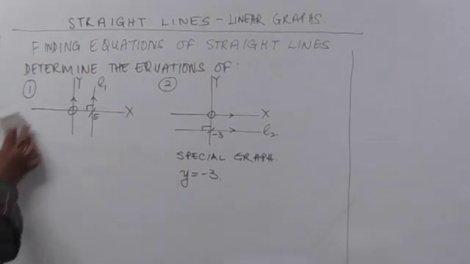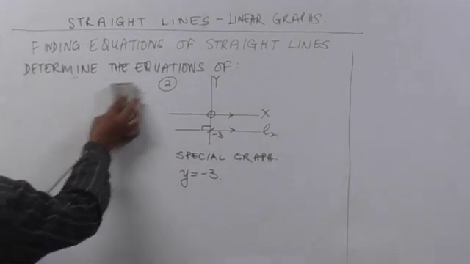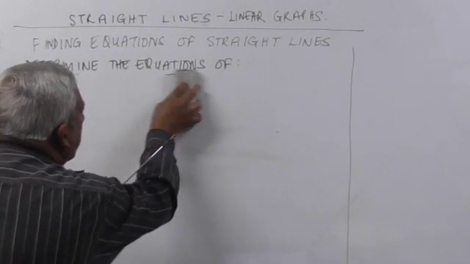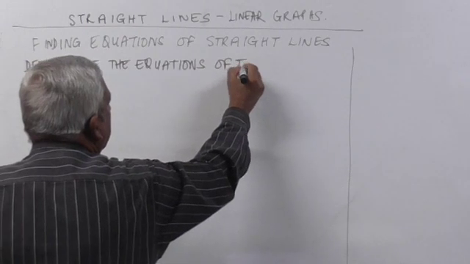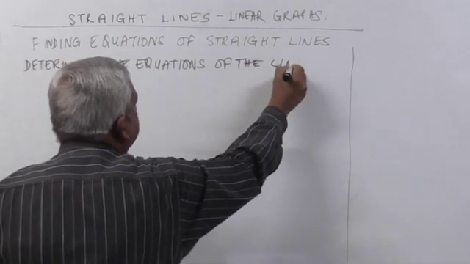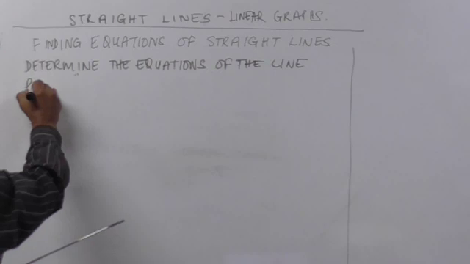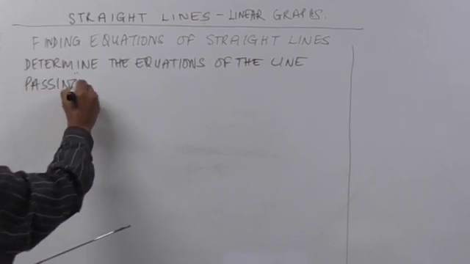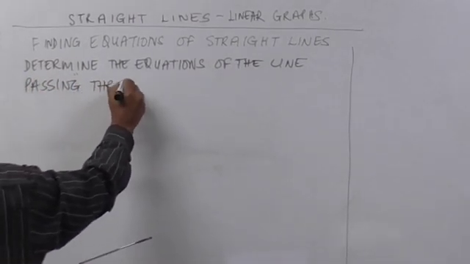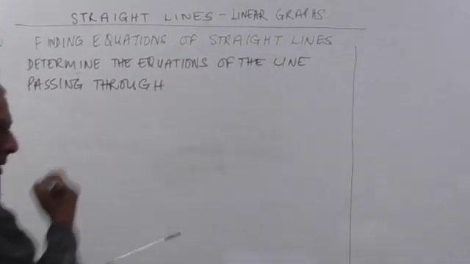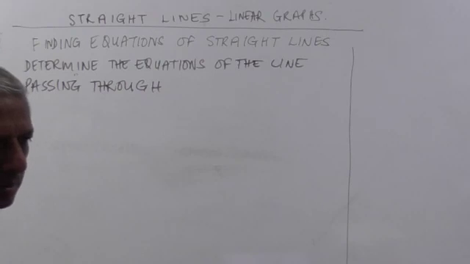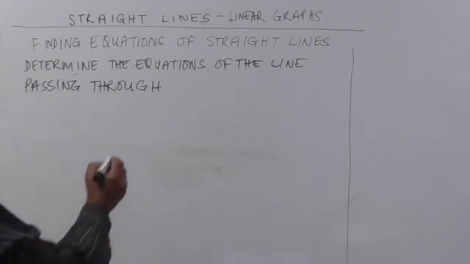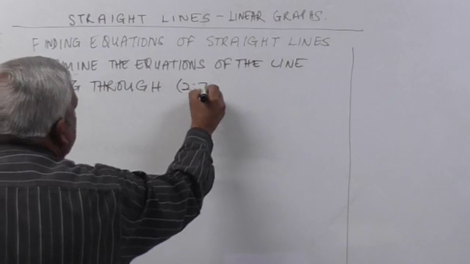Right, that was number 1, number 2. Now let's do number 3. Determine the equation of the line passing through the points 2, 7 and 5, 16.